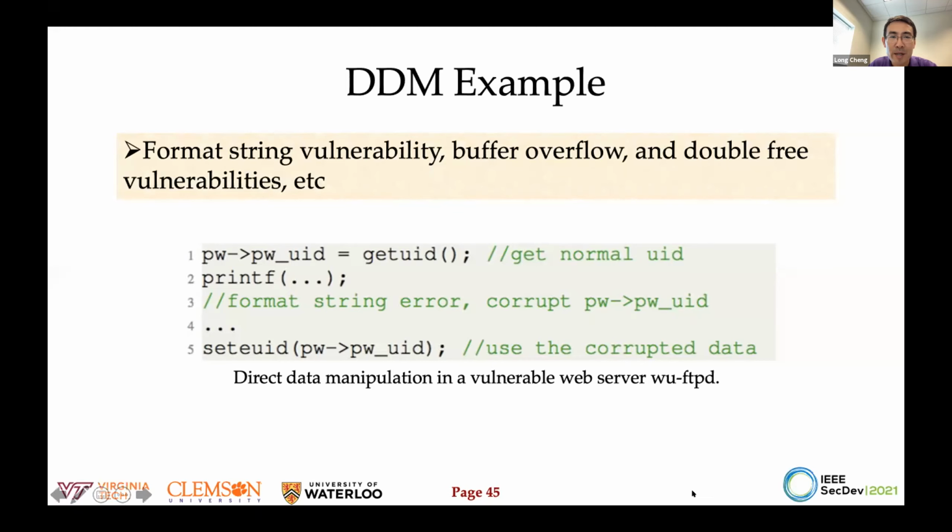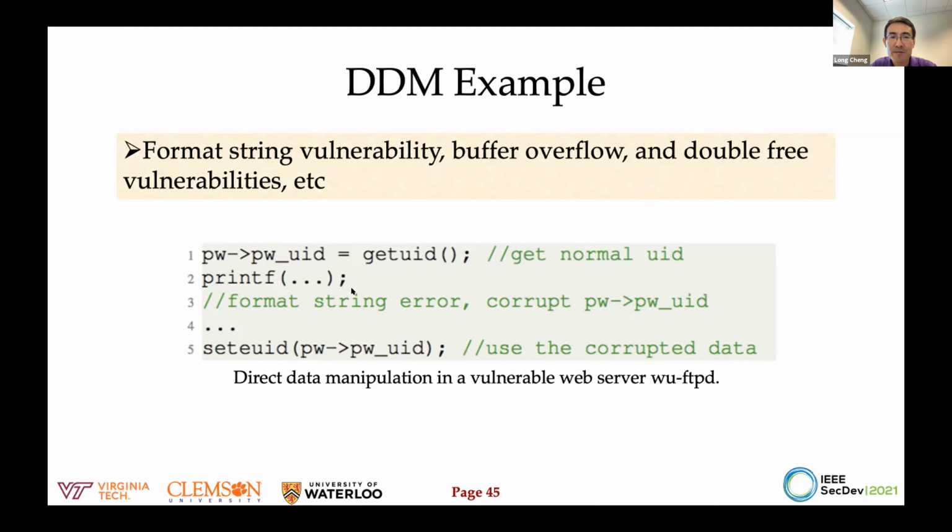As I mentioned, those local variables that are used for decision making or represent a user identity can be attractive targets for attackers. So in this example, this variable pwuid represents the user's UID. Different values of UID can have different permissions. So suppose in line 2 there is a format string vulnerability, which allows the attacker to manipulate the value of this pwuid.